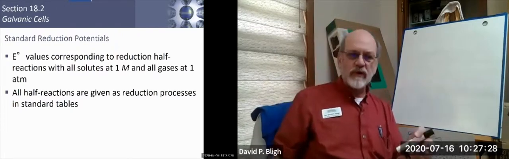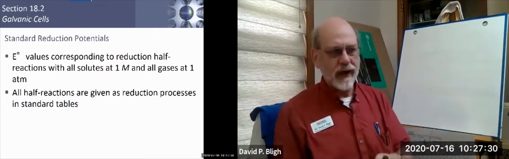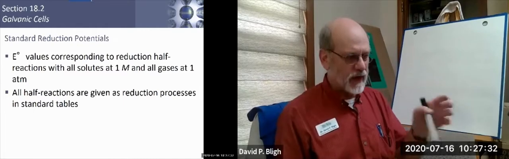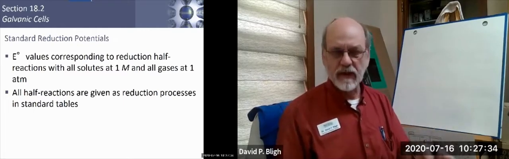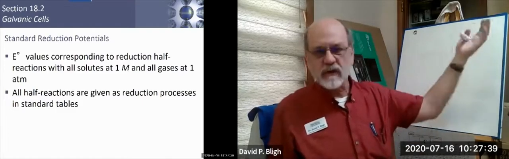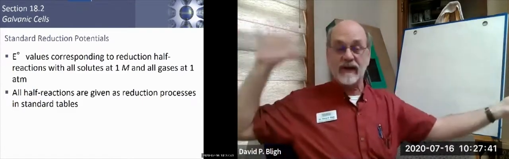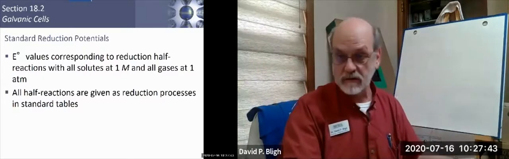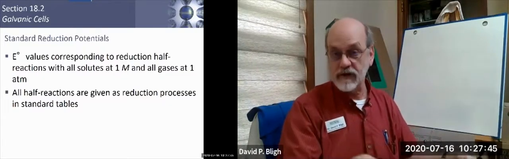So some smart person came up with, well, all right, if we have to have an oxidation and reduction together, let's just compare all existing oxidation and reduction reactions separately with a standard reference. Right?